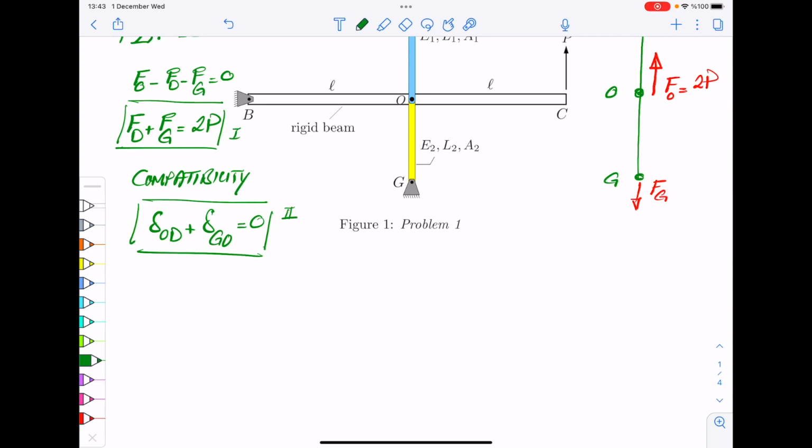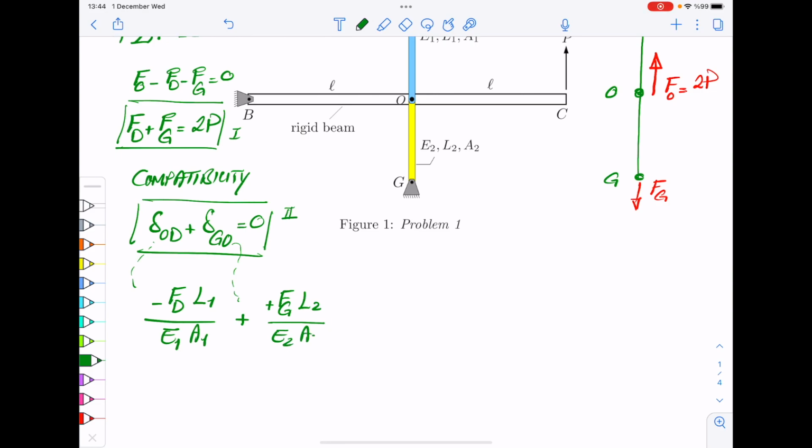So in the first member you would say it's minus FD L1 divided by E1 A1. And for this one, I put a plus here to make it even more clear, plus FG L2 divided by E2 A2, is 0.